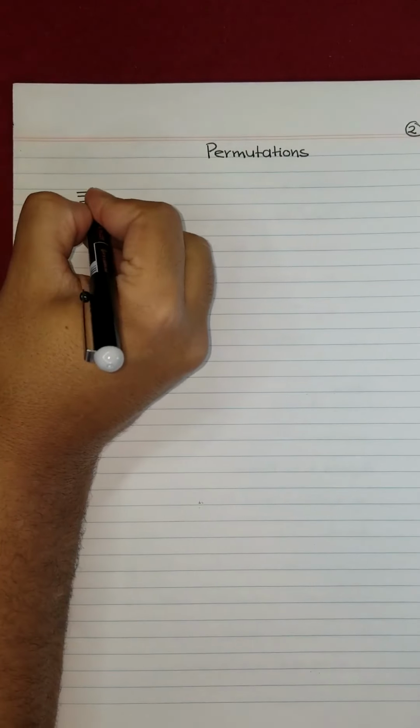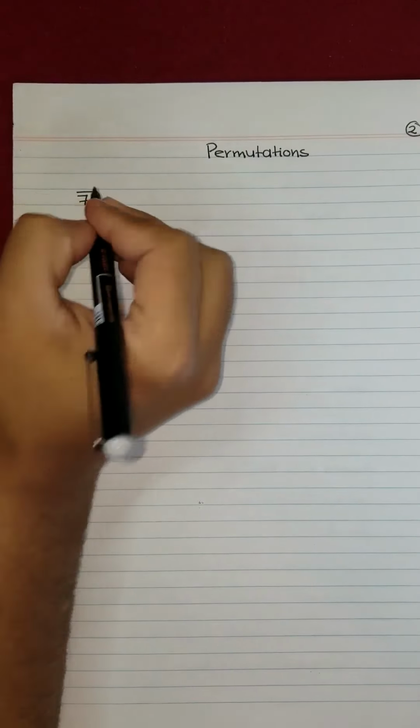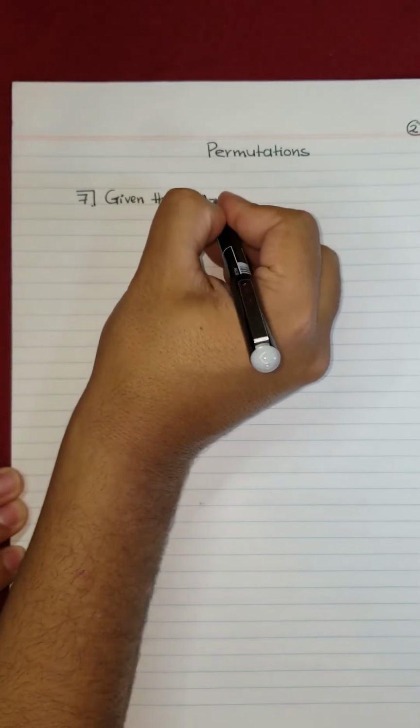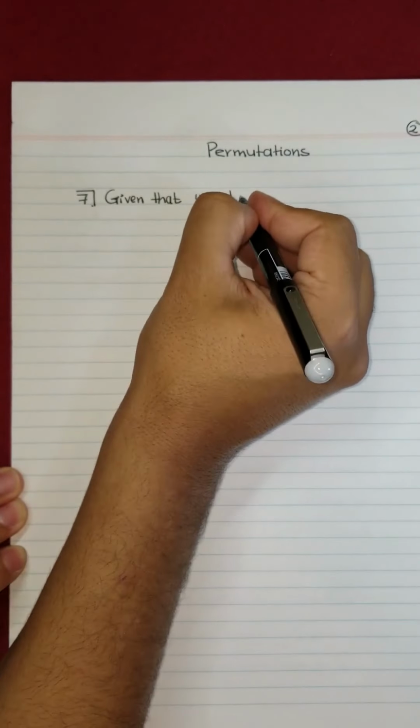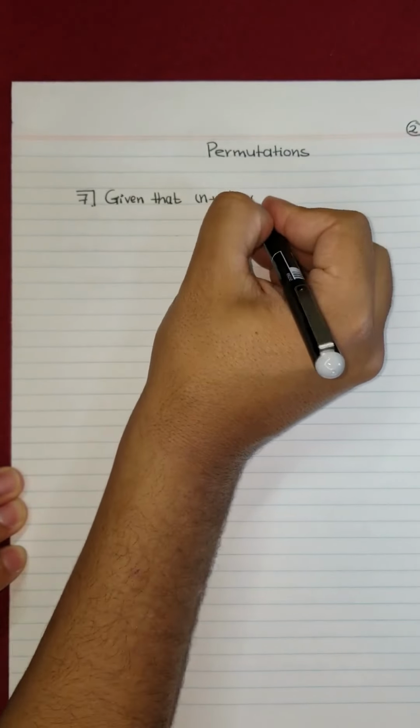Okay, let's solve another question now. Let's solve question 7. Let's see what the question says. The question says that we are given that n plus 1 factorial ratio to n minus 1 factorial is equal to 72.